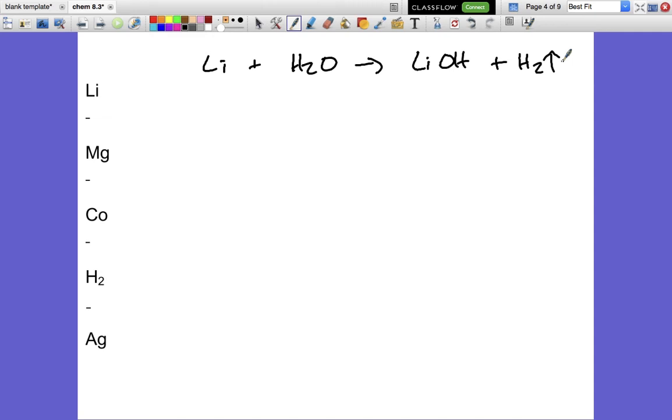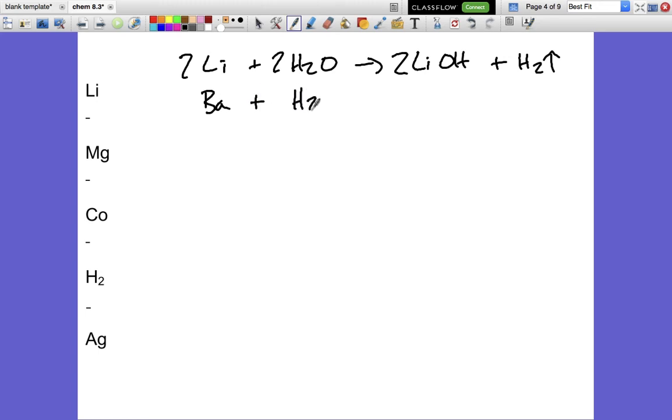I do have to balance this appropriately, so considering there's 3 hydrogens over here, I'm probably going to need to have 2 waters and then double this and double that to balance this overall. Otherwise, it could look different in that group because some of those are metals from group 2 that'll have a +2 charge.